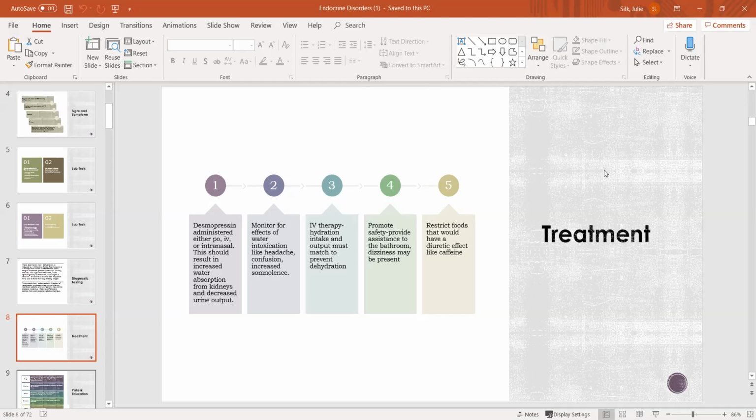Again, you don't have enough ADH, so this is kind of like a synthetic version of it, so that you're getting it in some way to decrease some of your symptoms. When you're taking that, how do you think you would know that it's working well? How do you know that it's being effective?